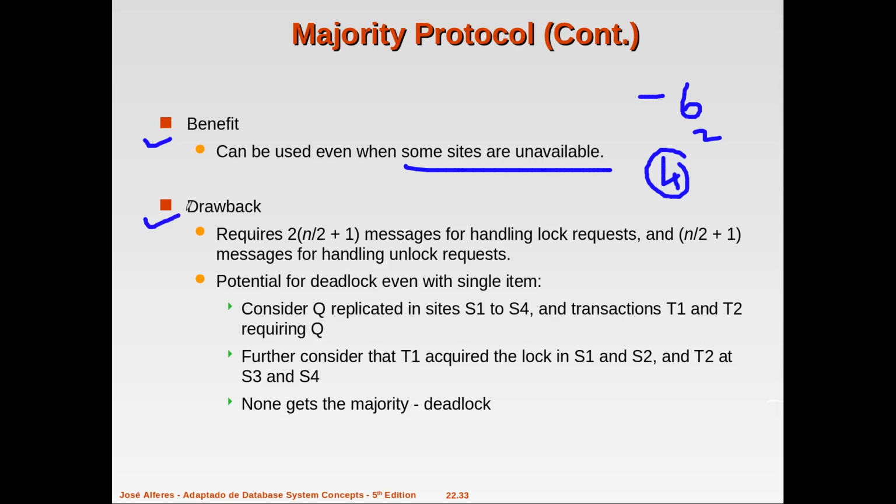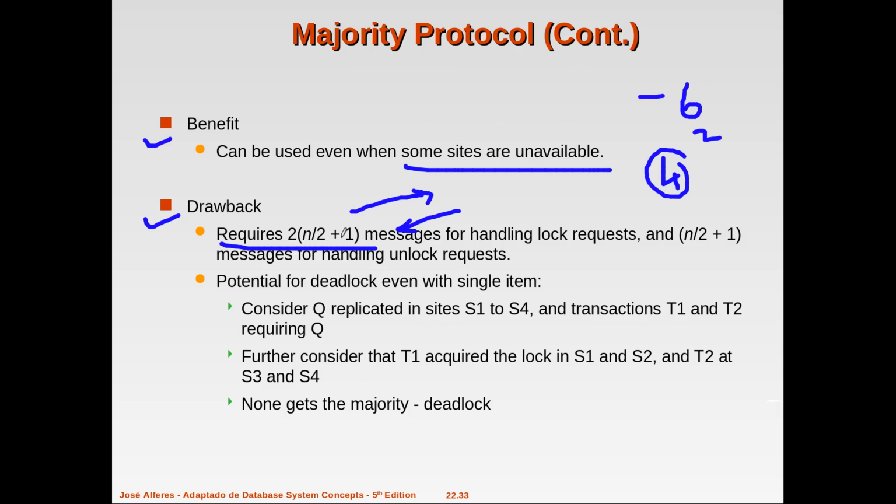Now the drawback of this majority protocol is that it requires more data transfer. That means more than half, n by 2 plus 1, one-way requests, that is the lock request, and a response from each of those sites, that is lock grant or reject, will be sent back to the initiator.